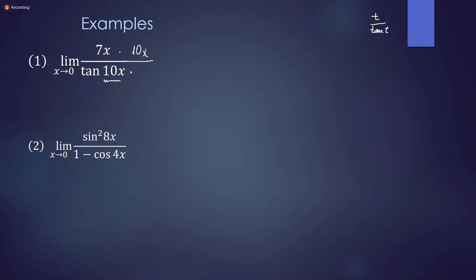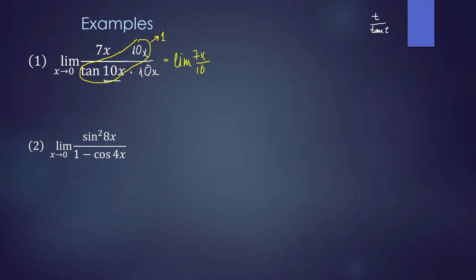However, if we do put the x there, it actually helps us see very easily, immediately, that we have a limit 1, because that's the ratio t over tangent t. And the remaining things, okay, now we can cancel out x again. So what we have is the limit of 7x divided by 10x, x and x can be cancelled out, so we have the limit 7 over 10, or 0.7.